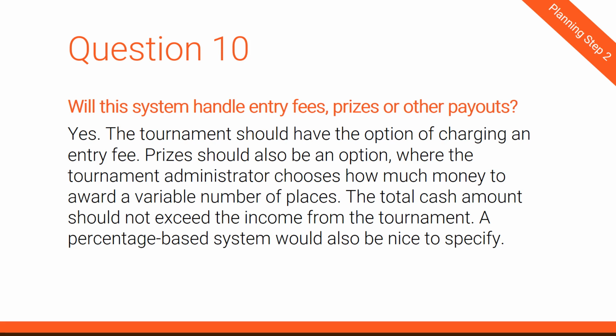In this case, yes. But what we're really asking is, will this system handle it, and how will it do it, or what will it handle? Maybe a better way of saying this question would be, if this system handles entry fees, prizes, or payouts, how will it handle it? What part of those will it handle? Some way to draw more of an answer out of the user.